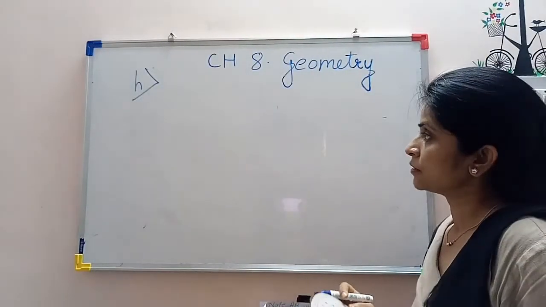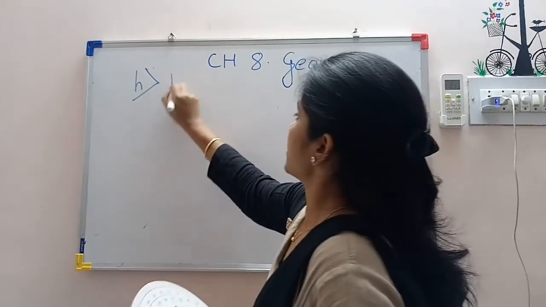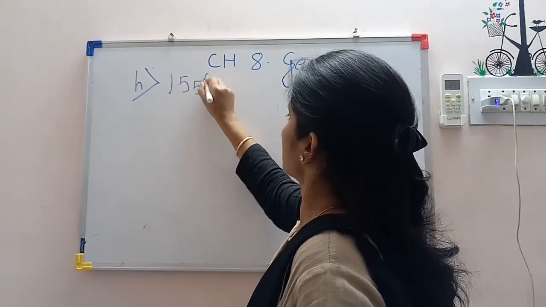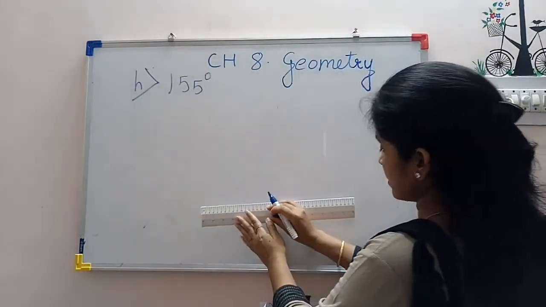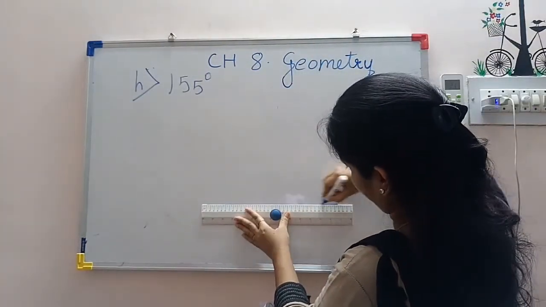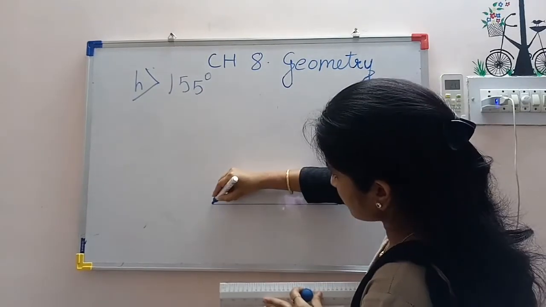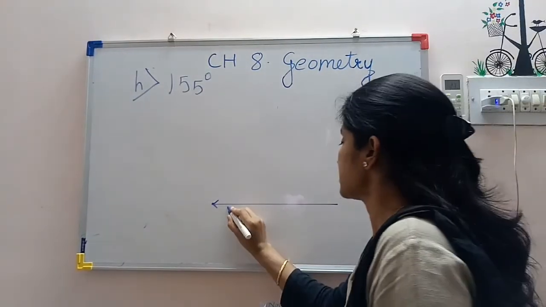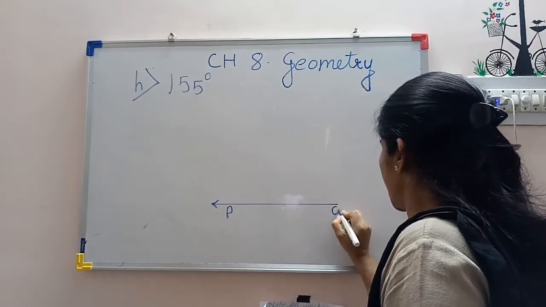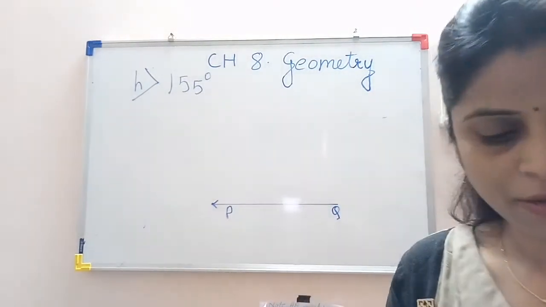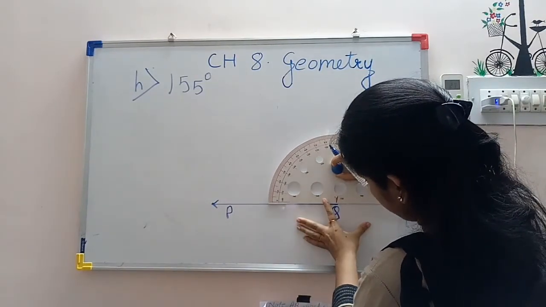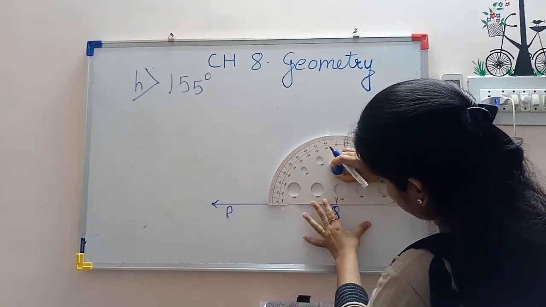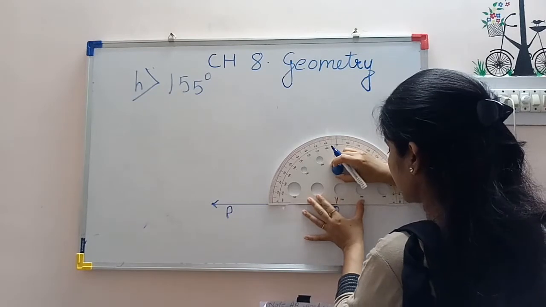Now here the next angle is 155 degree. Now we will draw the angle. For this we will draw one ray and we'll name it as PQ. We'll place the protractor on the ray and we'll adjust the baseline and center.